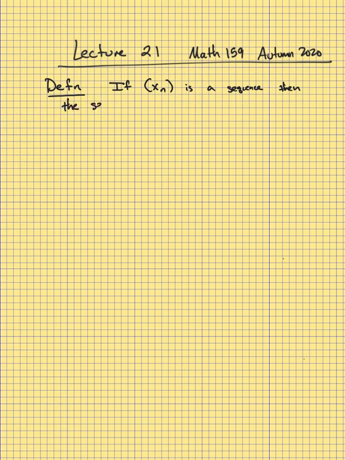So the series generated by the sequence x sub k is a new sequence, which I should call s sub k. All right, so how is this defined?